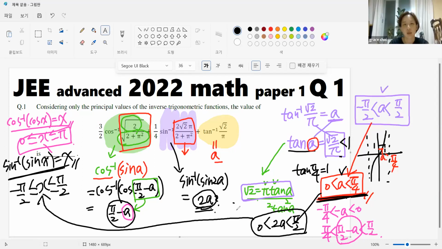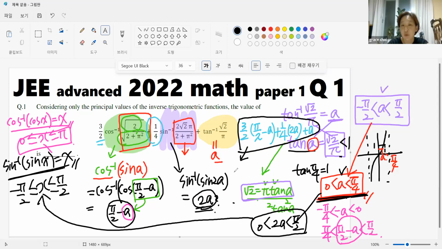Okay, don't panic. All right, in conclusion, now 3 over 2 times the green part, which is pi over 2 minus A, and then plus 1 over 4 times the purple one, which is just 2A, then the yellow one, just A. This is the conclusion.